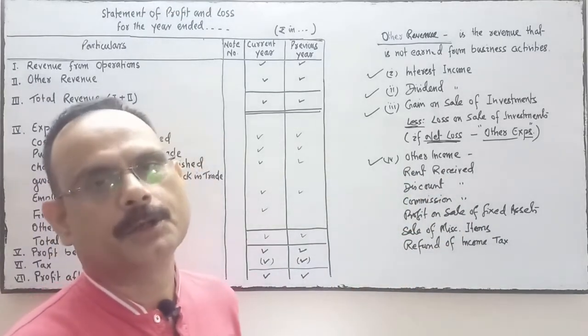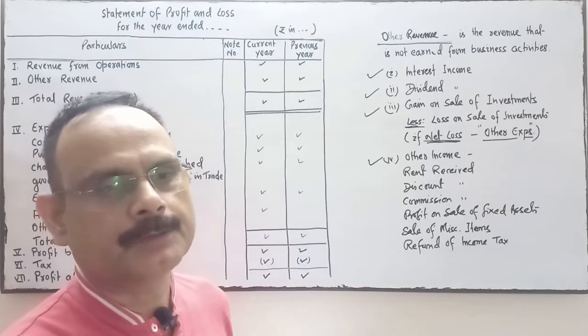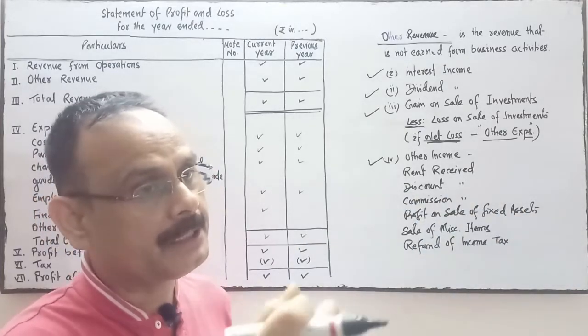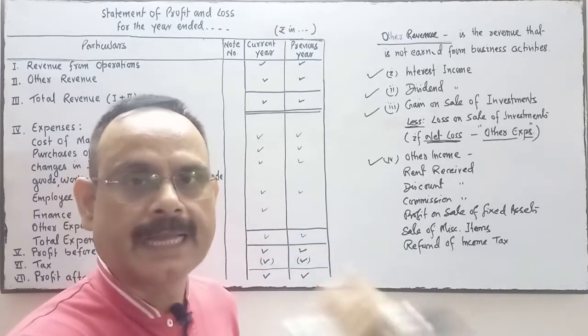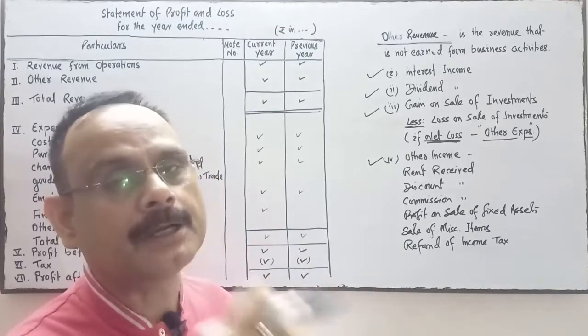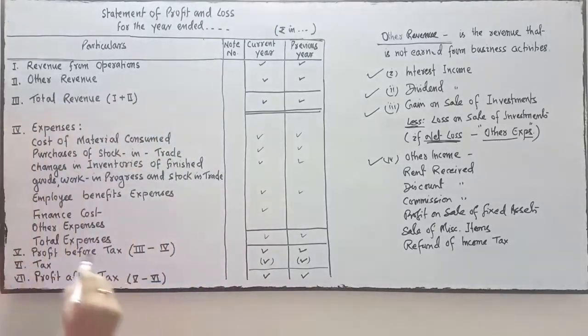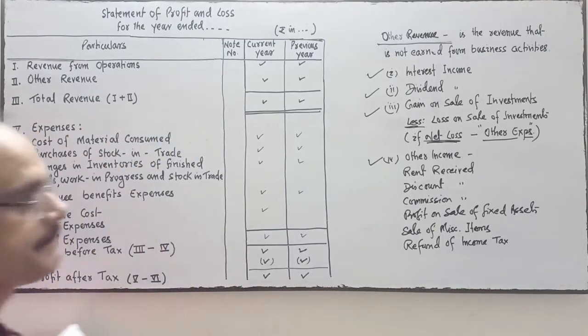And if there is a loss on sale of investment, then that will be adjusted from the gain on sale of investment, and if the loss is more than the gain on sale of investment, then that net loss on sale of investment will be shown under other expenses.